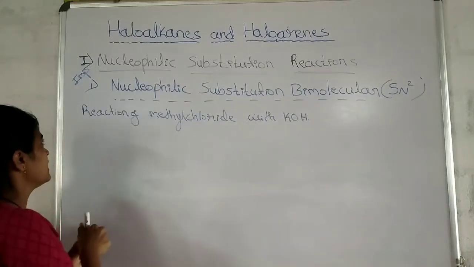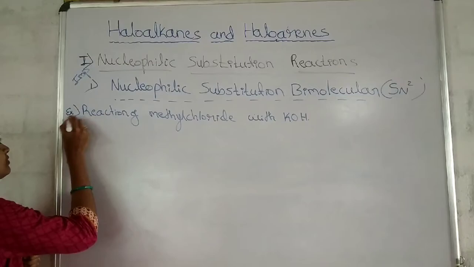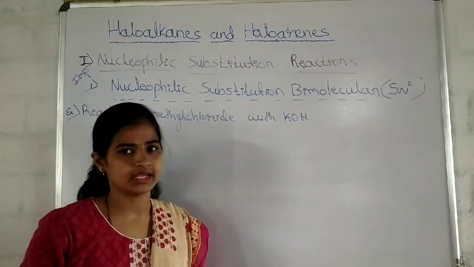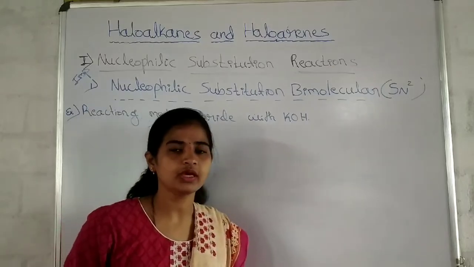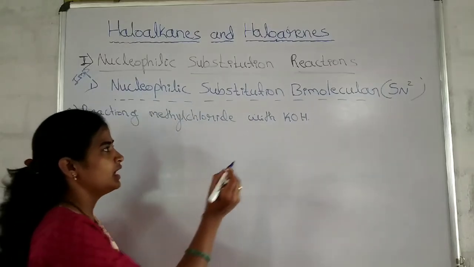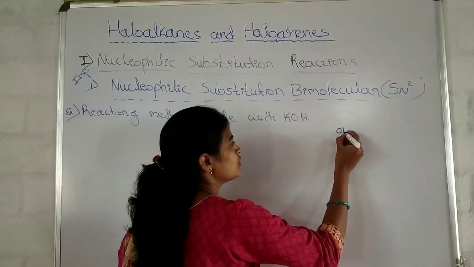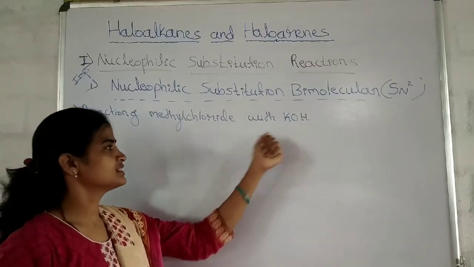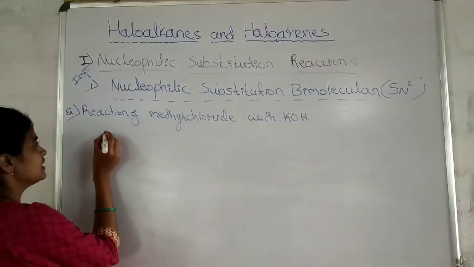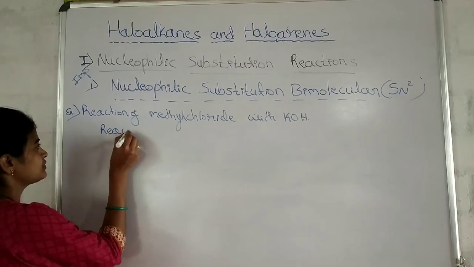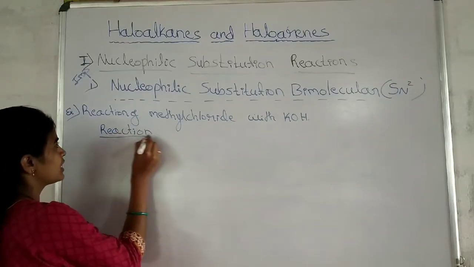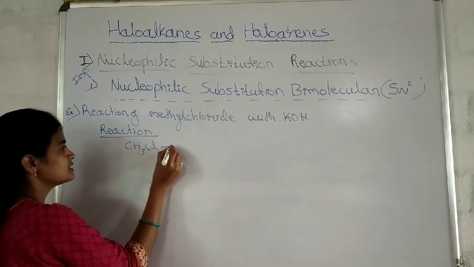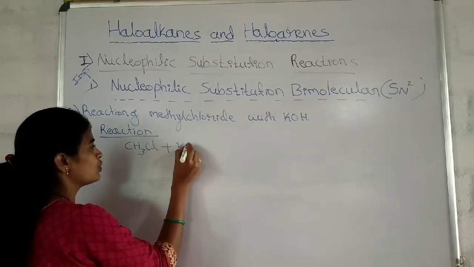By taking an example, the reaction of methyl chloride with potassium hydroxide. In potassium hydroxide, what is the nucleophile? OH minus is the nucleophile. Let me write the reaction: CH3Cl and KOH.